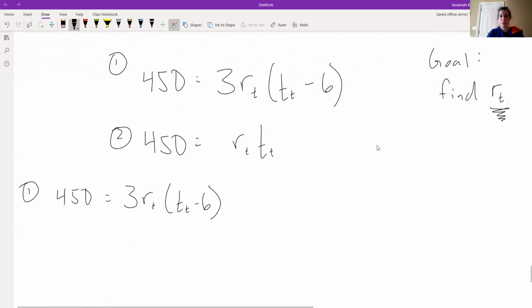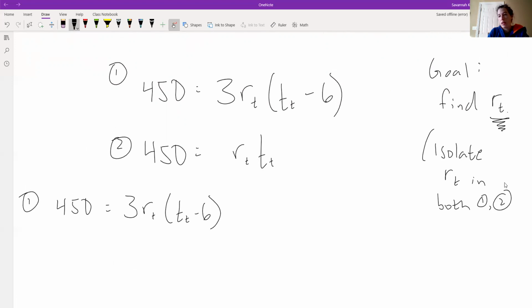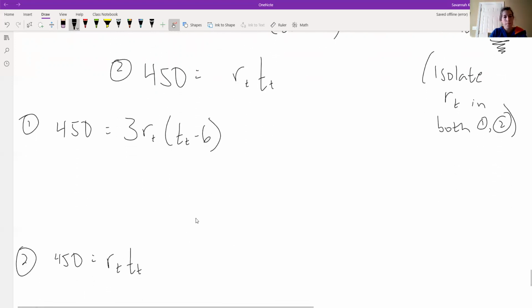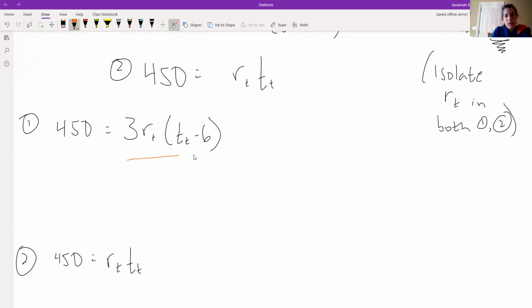Okay. So if I find RT, I want to isolate that RT in both equations. Both 1 and 2, I need to isolate RT. Okay, so what I can do here, so many options.